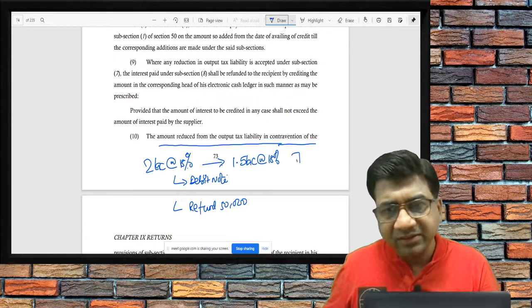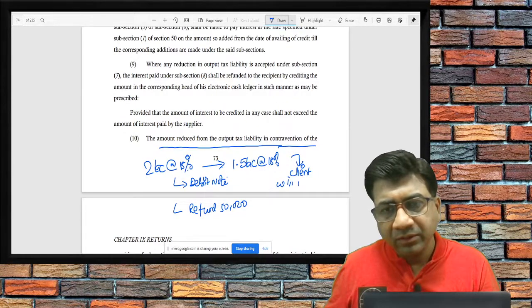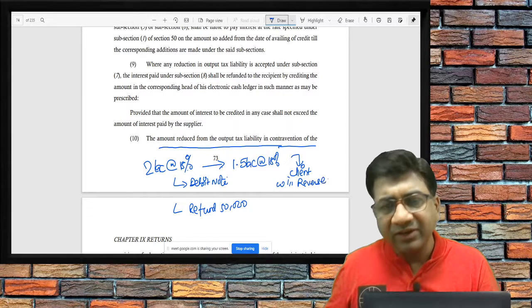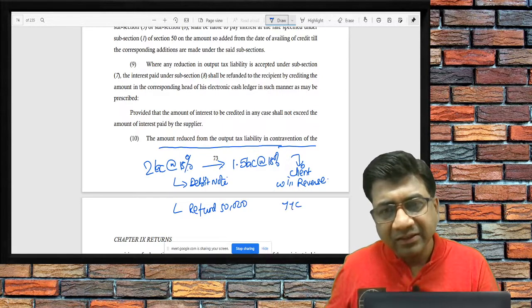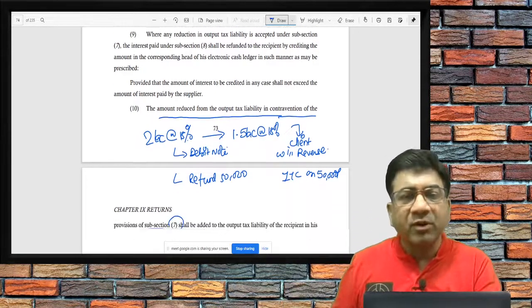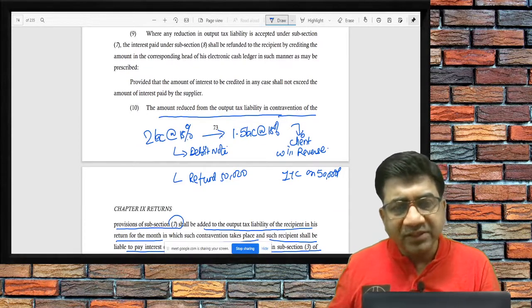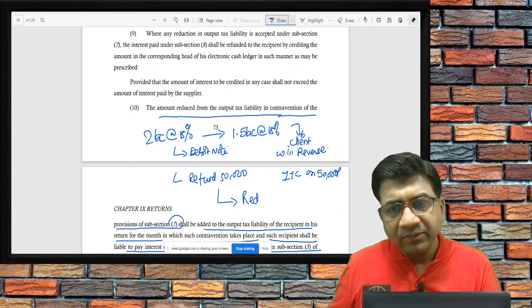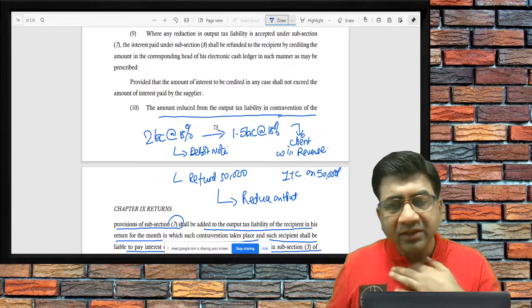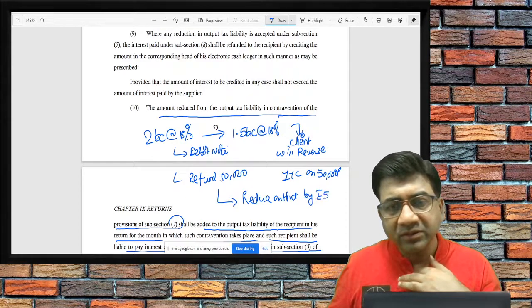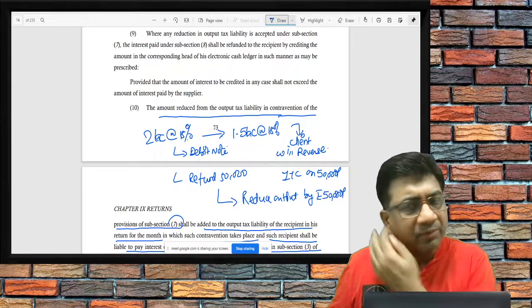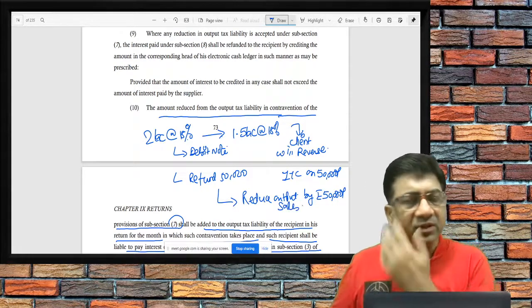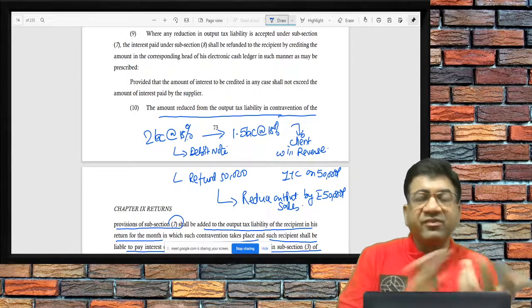The client will reverse ITC on rupees 50,000. He has taken excess, and the government also has the excess amount. So what I will do is reduce my output tax, reduce my sales by 50,000. But suppose I reduced my sales by 70,000.